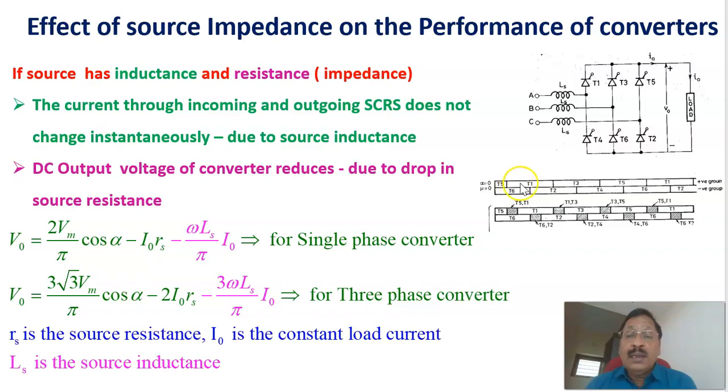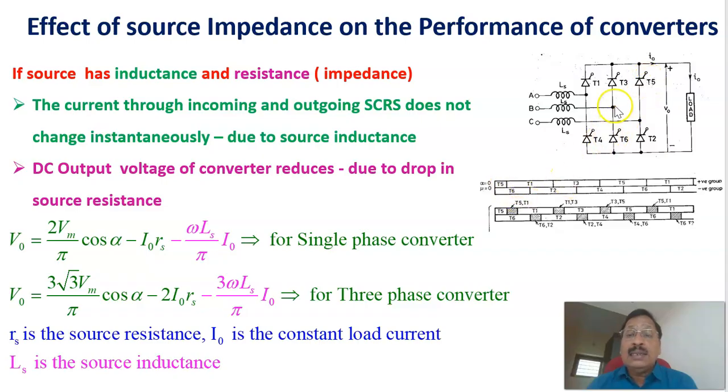For example, before T1 is fired, T5 was conducting from the positive group. This is the positive group of SCRs and this is the negative group of SCRs. At any instant, one from the positive group and one from the negative group will be conducting. Before T1 is fired, T5 from the positive group and T6 from the negative group are conducting.